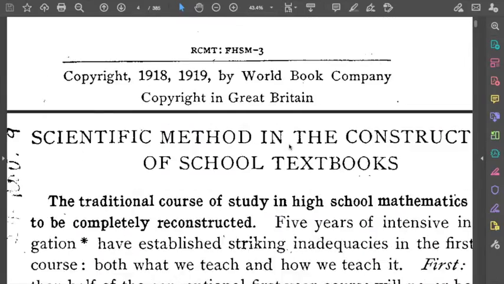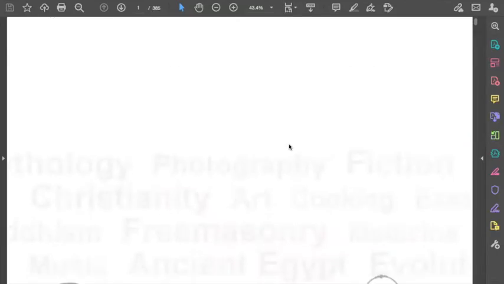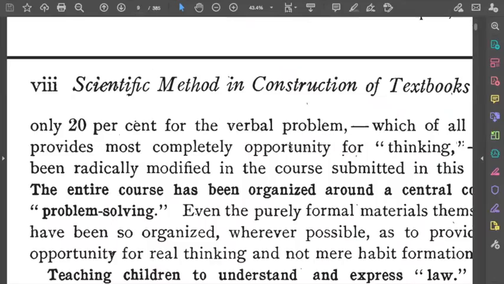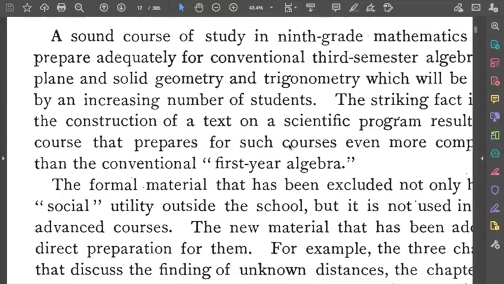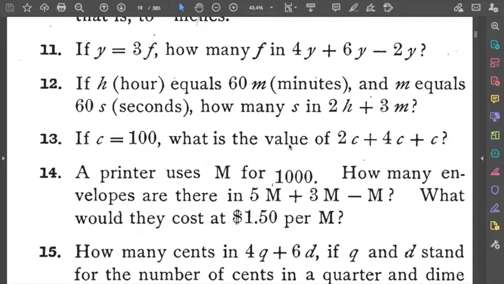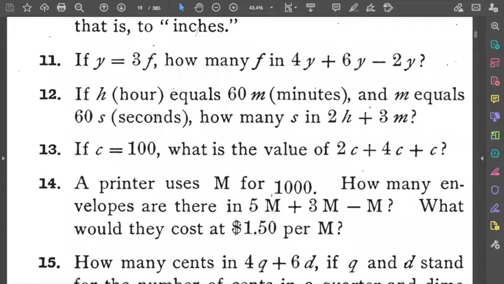They are very important. I want you to start from 11. Try 11. When you are done, we move on to 12, 13, and so on. When you are done, let me know.